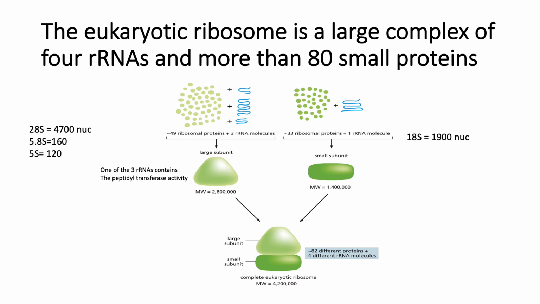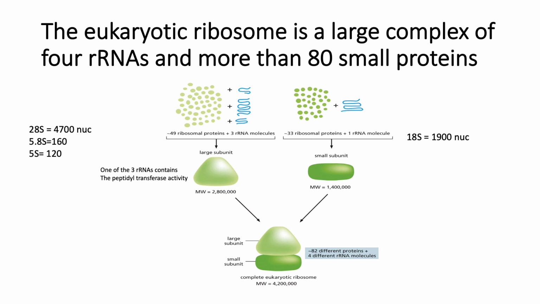By the way, that 28S ribosomal RNA is the one that carries out the peptidyl transferase reaction, by virtue of the RNA reactivity. It links the amino acids together. There's 5.8S, which is 160, and then a 5S, which is 120. So there's 3 there.